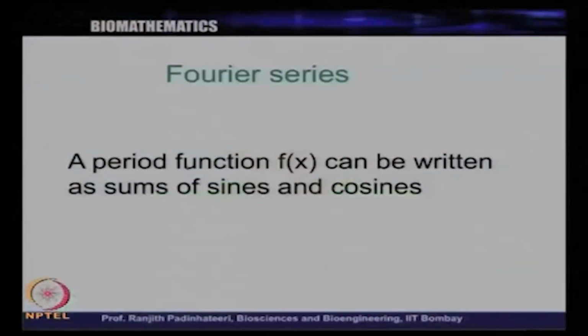So, it is argued that any periodic function f of x can be written as sums of sines and cosines. That is what we do in Fourier series: we take a periodic function and rewrite it in terms of sine and cos, something that we know.